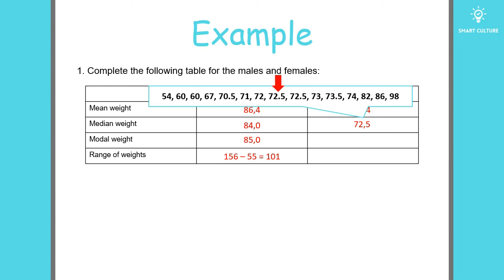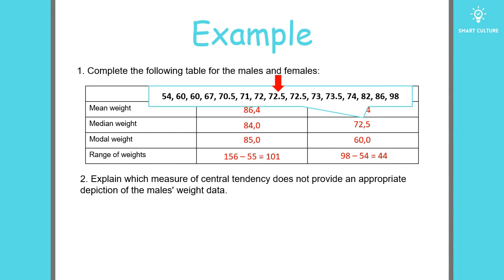The modal weight will be equal to 60. And the range of weights will be equal to 44. As you can see, there are two values, 72.5 and 72.5, so this can be the modal weight as well.